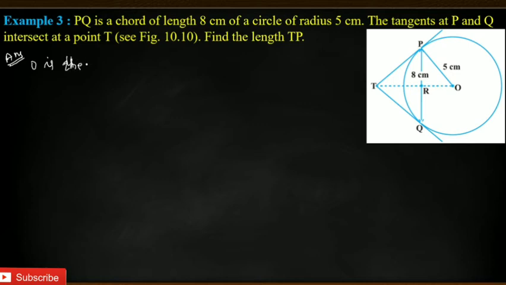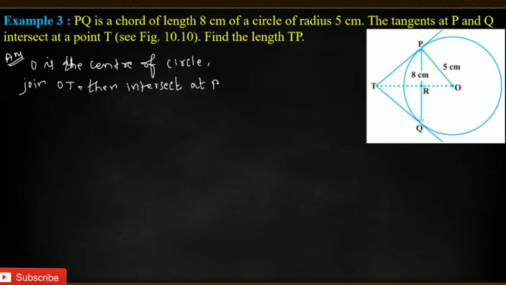O is the center of the circle, and we are joining OT. Then it intersects PQ at R.